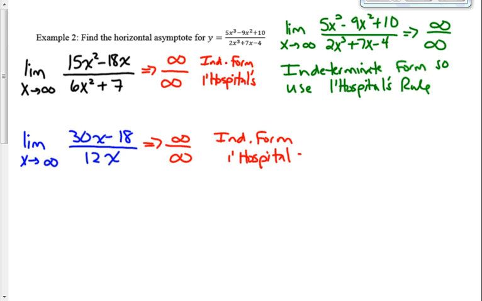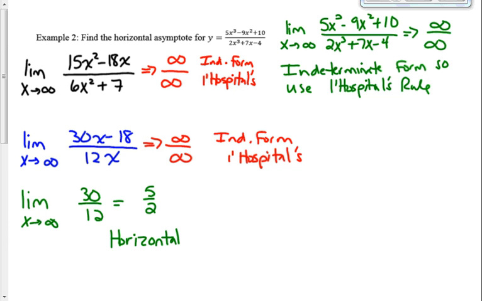And again, as long as I get an indeterminate form, I can keep using L'Hôpital's rule. So now I have the limit as x approaches infinity of 30 divided by 12, but I can simplify that to 5 over 2, which means the horizontal asymptote is y equals 5 halves.